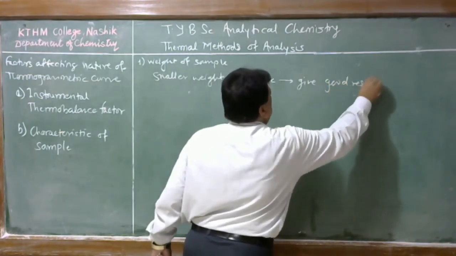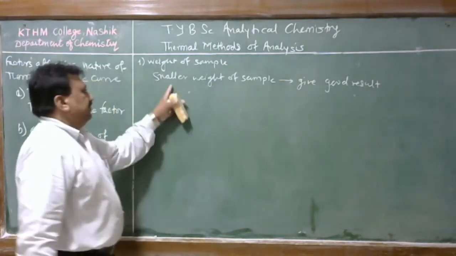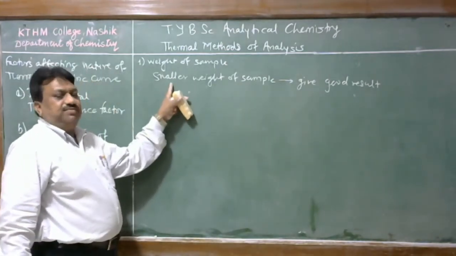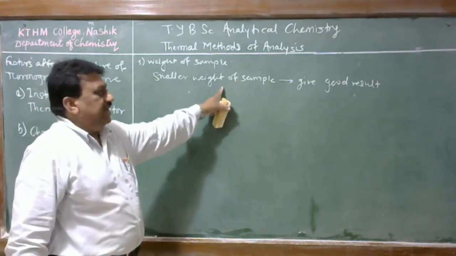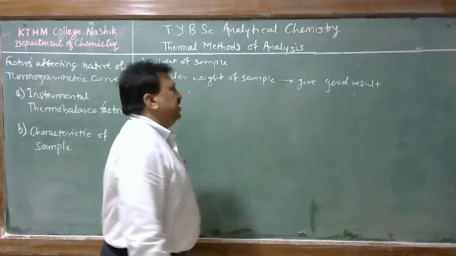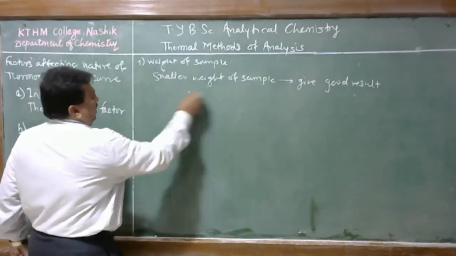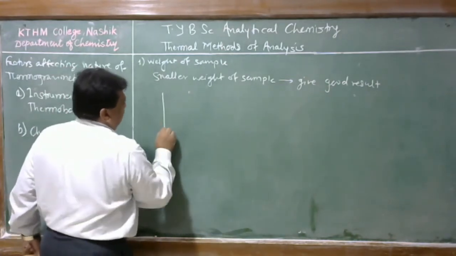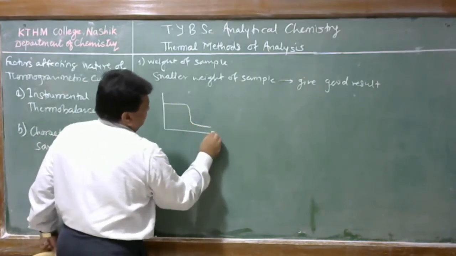That means it gives a very good thermogram if the sample weight is smaller, and if the sample weight is larger, then a deviation in the thermogravimetric curve is obtained. If the sample is smaller, we have a graph in this fashion.